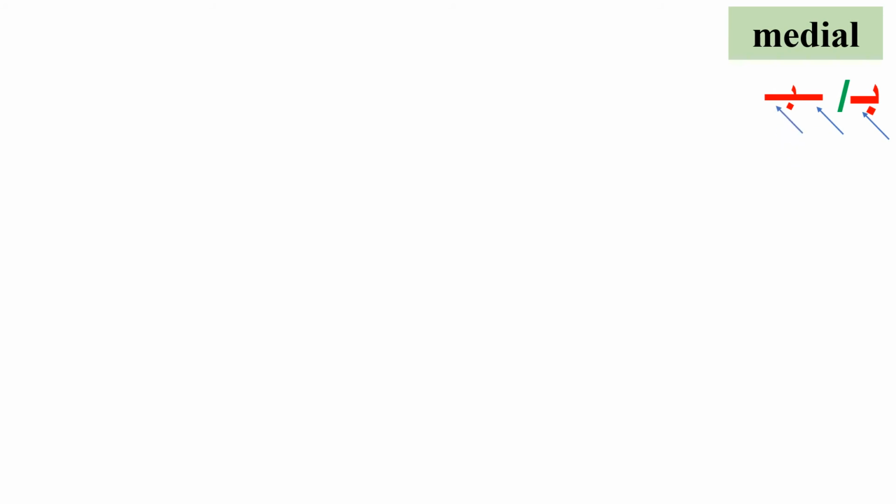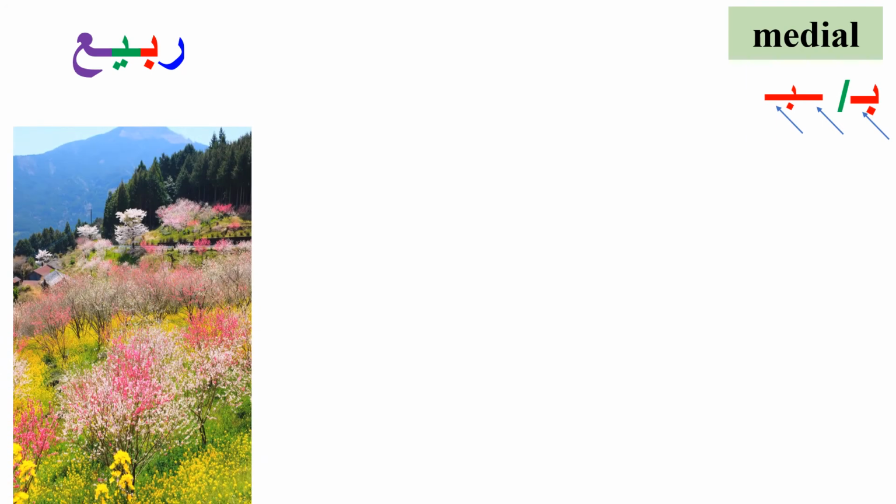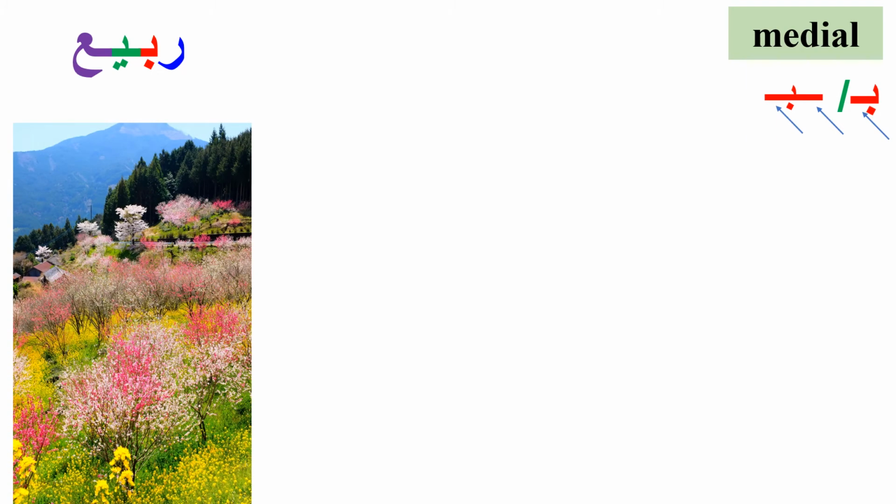So the extensions are added so that the shapes can connect with the preceding and the following letters. The word we have is the word Rabi'a, as a season, Rabi'a, spring in English. That is an image representing Rabi'a or spring.